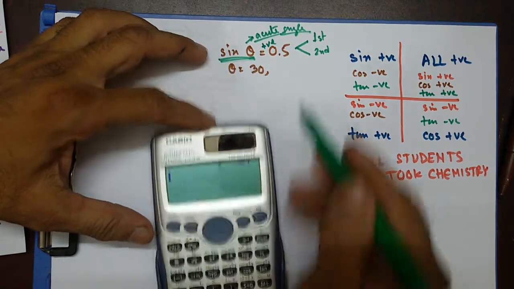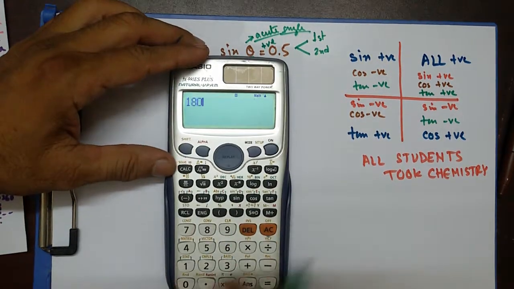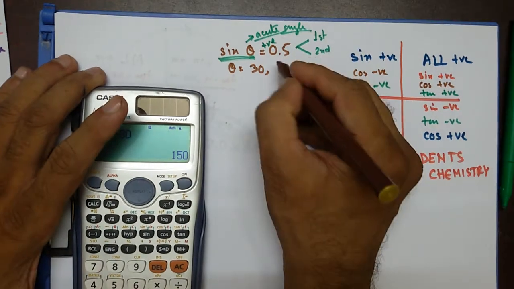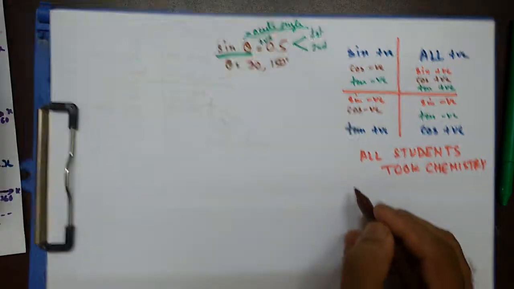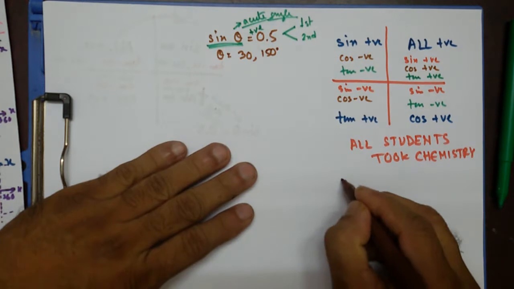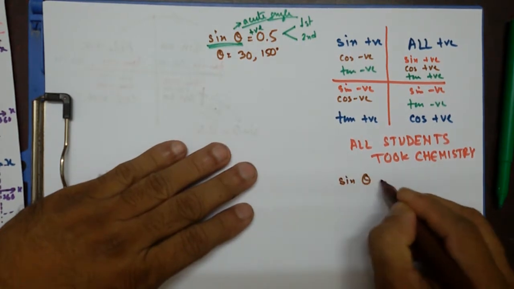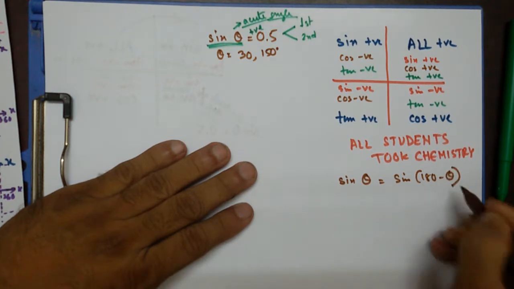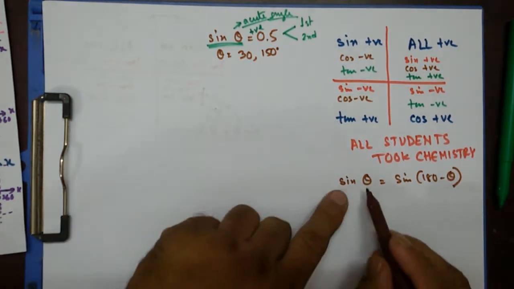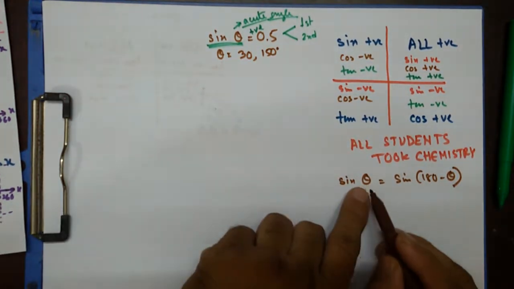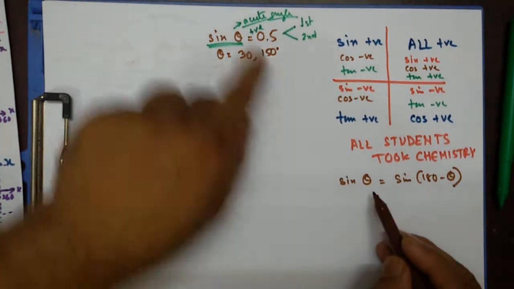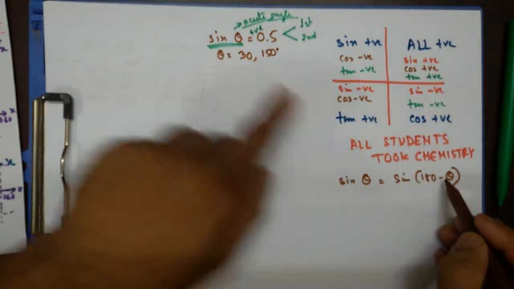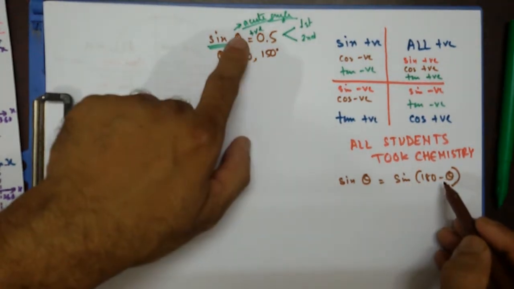Another one has to be 180 minus 30, that's 150 degrees. So we write down this formula: sine theta equal to sine of 180 minus theta. Sine theta, acute angle 30 degrees, gives me 0.5, and sine 180 minus 30, that's 150, is also 0.5.